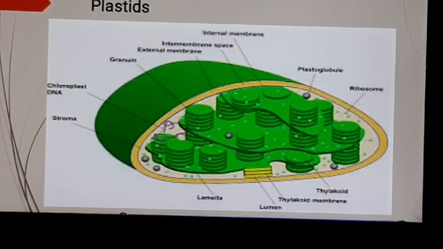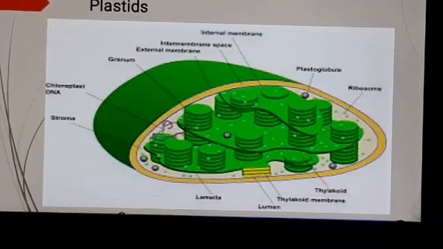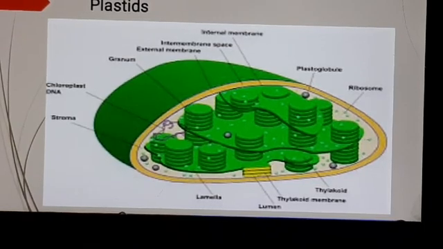Why? Because the green colored plastids present in the leaves help in trapping sunlight, and that sunlight helps in the synthesis of food. So these are the plastids which help in the synthesis and manufacture of food. Along with that, they also help in storage of food.